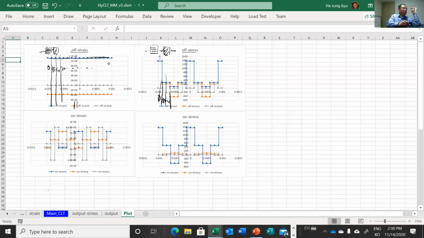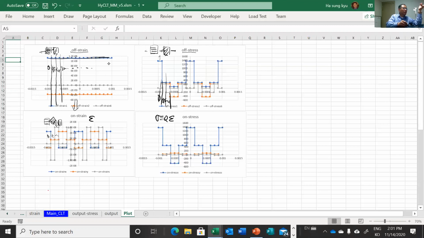And now on-axis strain. On-axis strain means the strain in this direction and this direction, on-axis, but each ply has a different angle. So these are all on-axis strains for 0, 45, minus 45, and so on. Obviously the strain is also varying, and the on-axis is also different. But this one is simply sigma equals Q epsilon.